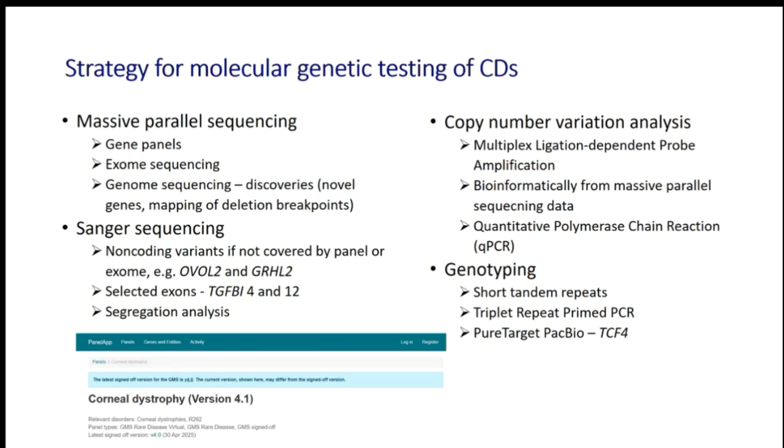For Fuchs, we perform genotyping of the expanded repeat, which is again intronic, and we start with short tandem repeat analysis followed, in selected cases, by triplet repeat primed PCR. And what I've just learned at the European Society of Human Genetics meeting in Milan this year, PacBio has also included TCF4 in their PureTarget kit.